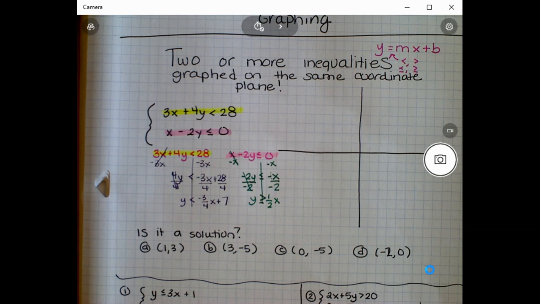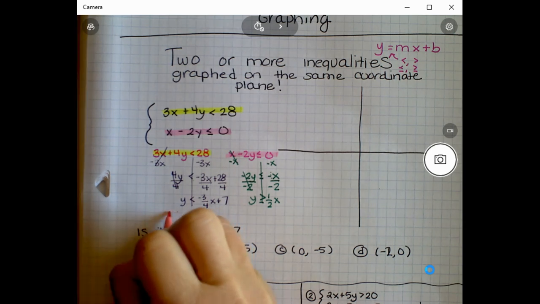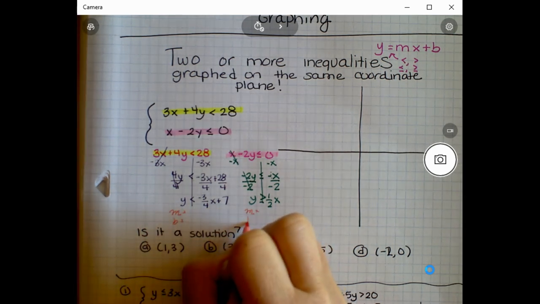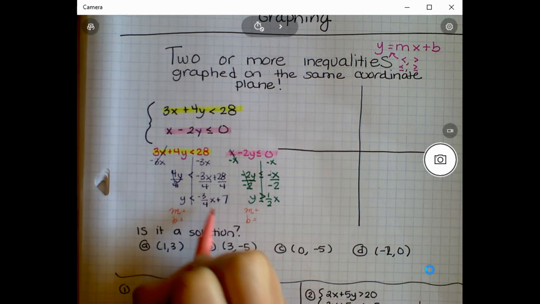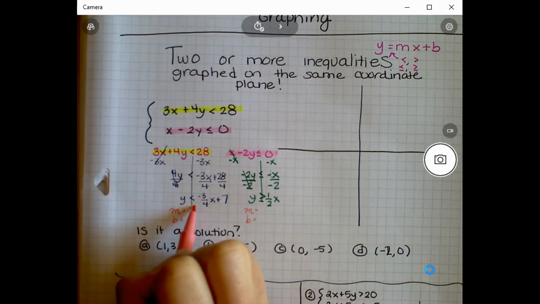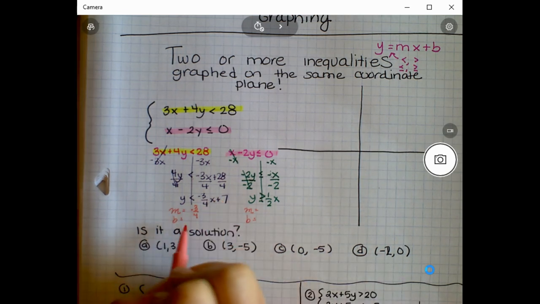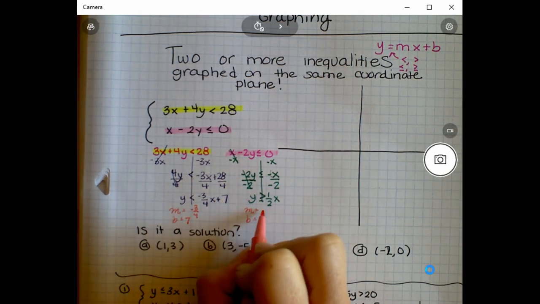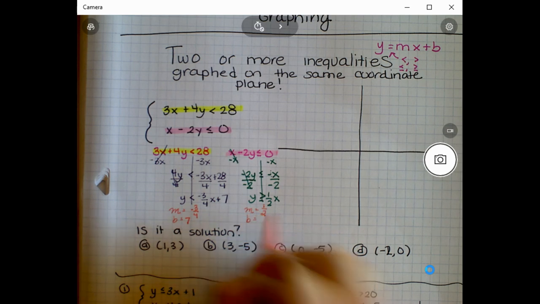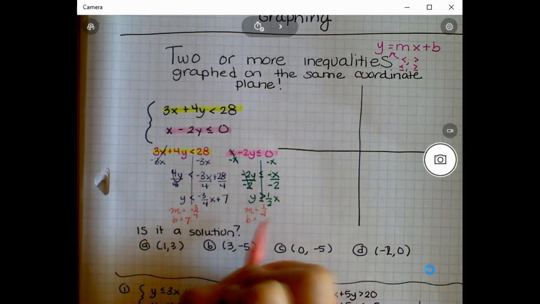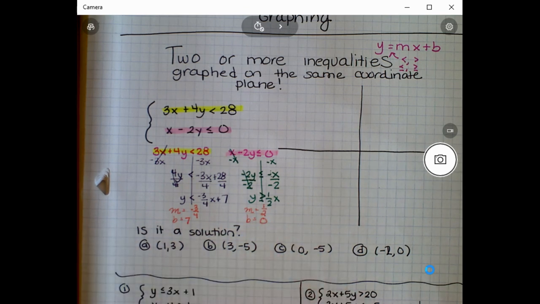And now we need to graph these. Just for remembering, the slope and the y-intercept are what we're going to use to graph. The slope is the coefficient of the x, so negative 3 over 4 will be the slope. The y-intercept is 7. For this one, the slope is 1 over 2, the coefficient of the x, and we don't have any number out here for the y-intercept, so that will be 0.